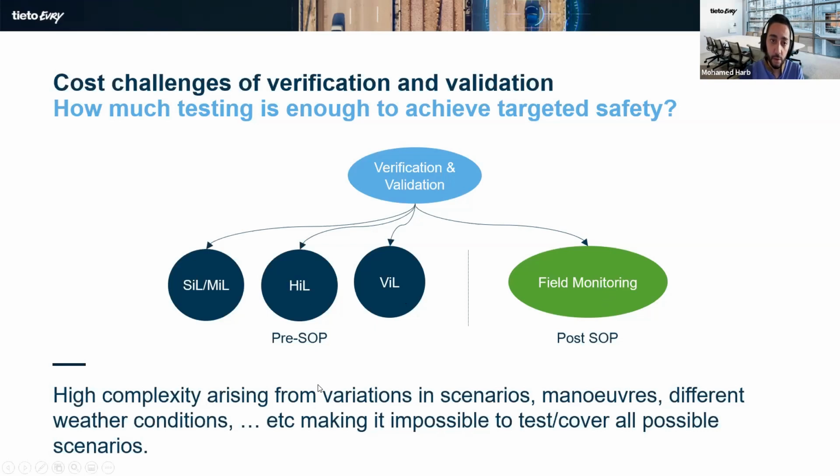Taking urban automated driving, the variations of the scenarios, maneuvers and also weather conditions are an order of magnitude more than the highway or shuttle buses, for example. And this shows the challenge we have in terms of cost, because doing all those activities and doing enough testing to say we can launch the product on the street is much higher than in the other cases.